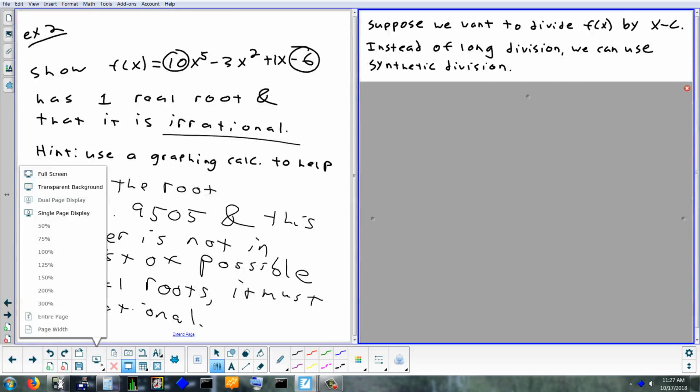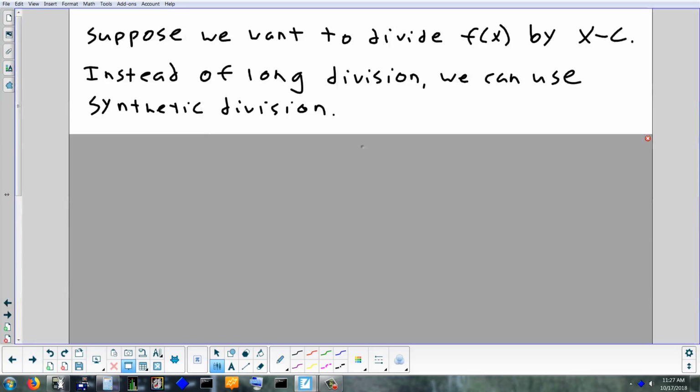Okay. So we learned long division yesterday. Long division is good because it always works. Well, if you want to divide by something that's simple, and by simple, I mean it has to look like what's in that box. It has to be x minus a number. If you're dividing by something simple, there's a shortcut.